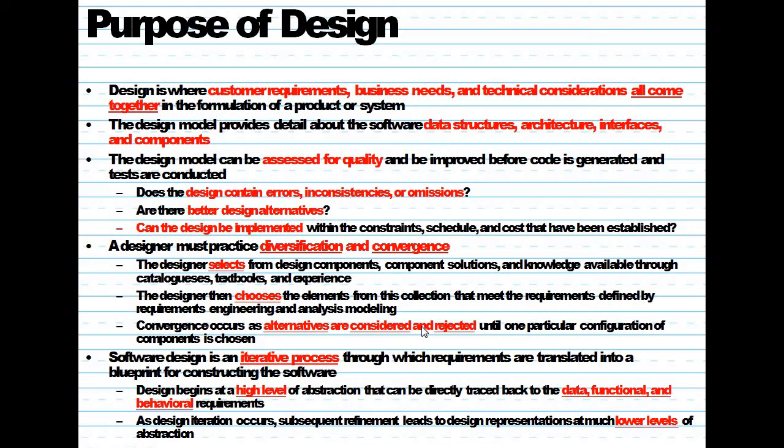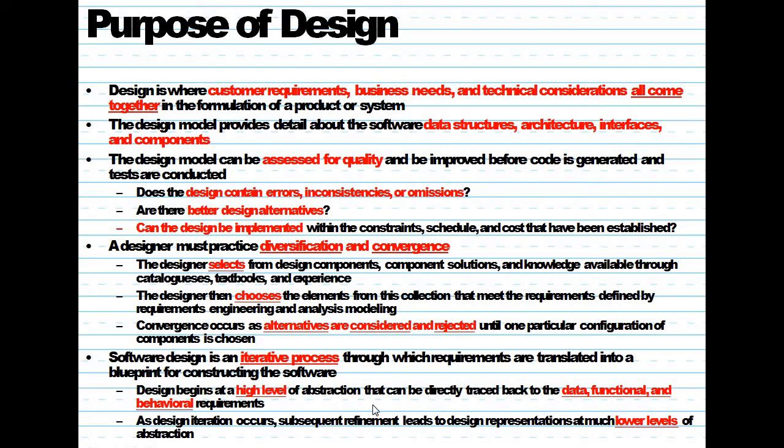The design must practice verification and converges as the designer selects from design component solutions, knowledge available through catalogs, textbooks, and experience. The designer also chooses the collection that meets the requirements defined by the components we will choose.